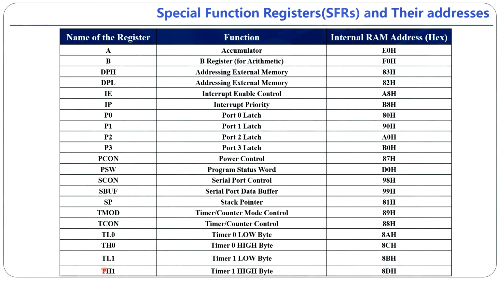Next register is TH1. The function of this register is timer 1 high byte. The location of this register is 8DH. Okay. So remember, if we want to use any registers, the location is already given in the RAM. Understood?